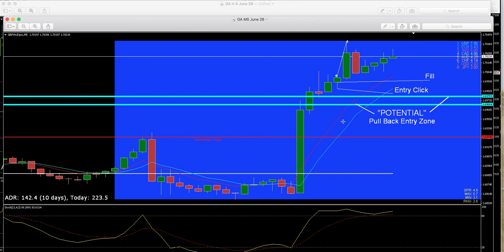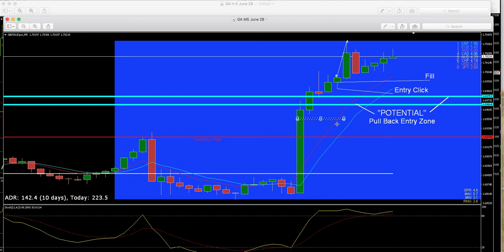And also this 5-minute bar right here creates a big void between here and there, creating a demand zone right down in here. So if price happens to breach about this level right here, chances are it's going to go down a lot further.